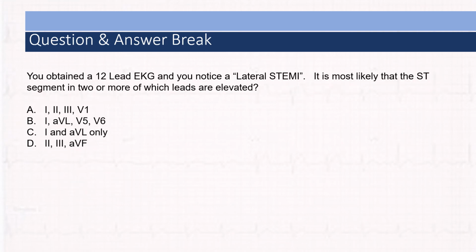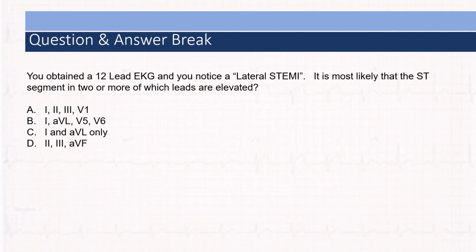You have obtained a 12-lead EKG and you notice a lateral STEMI. It is likely that the ST segment in two or more of which leads are elevated. A, 1, 2, 3, V1. B, 1, AVL, V5, V6.